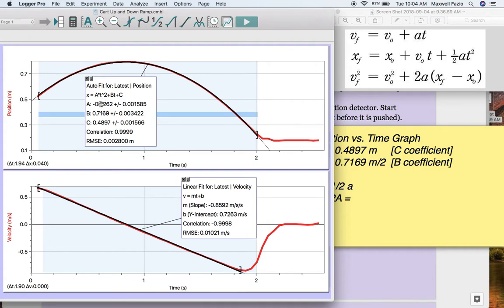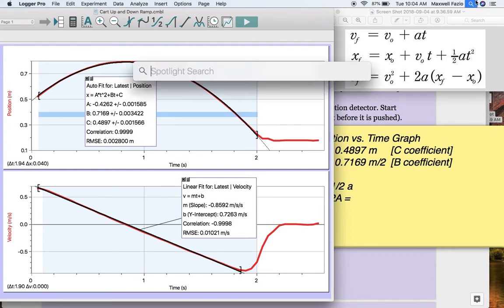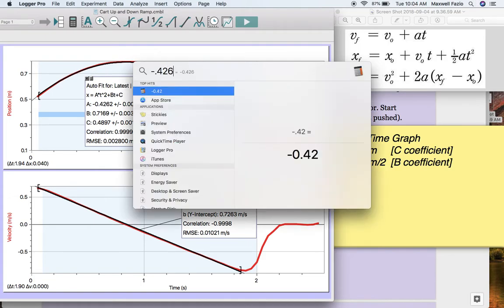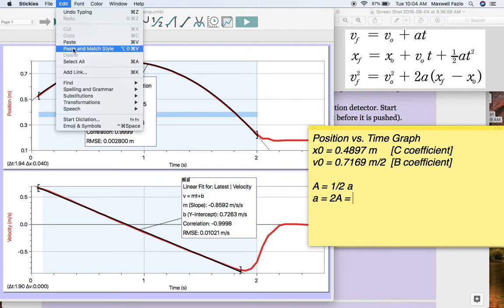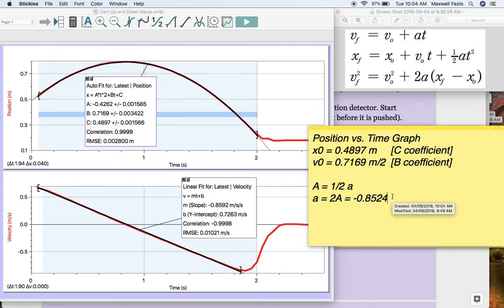Right? And if I do that, here's the A value, it's negative 0.4262, and if I multiply this by 2, I get negative 0.8524.